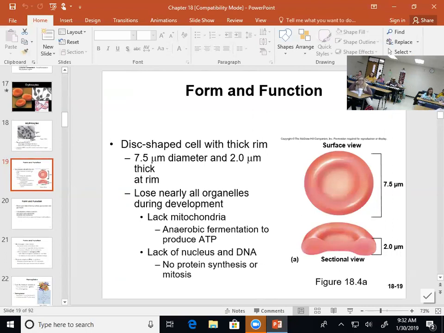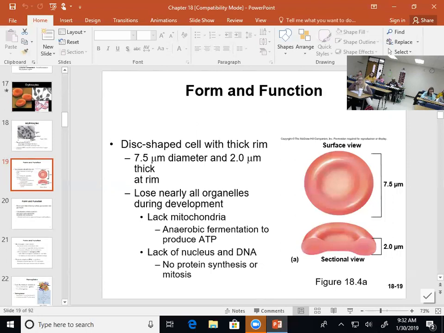And CO2 can be picked up by these red blood cells. Then the red blood cells will take CO2 to the lungs. CO2 will move out readily. Oxygen will be picked up again. And it's just this constant little cycle of red cells picking up oxygen, delivering it to tissues, picking up CO2 from tissues, and delivering it back to the lungs.